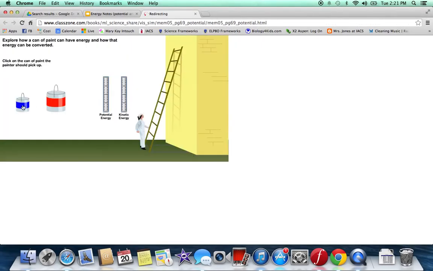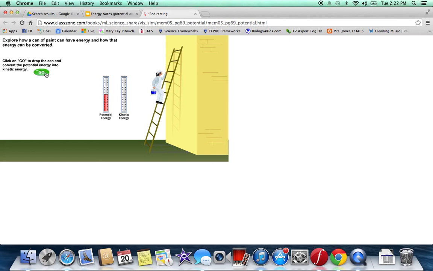So if we take this girl, we'll give her the small can, and we make her climb the ladder. So what we're looking at is the potential energy and the kinetic energy of the can of paint, not of the girl. As she climbs the ladder, the potential energy increases. Right, it only increases to 50%.